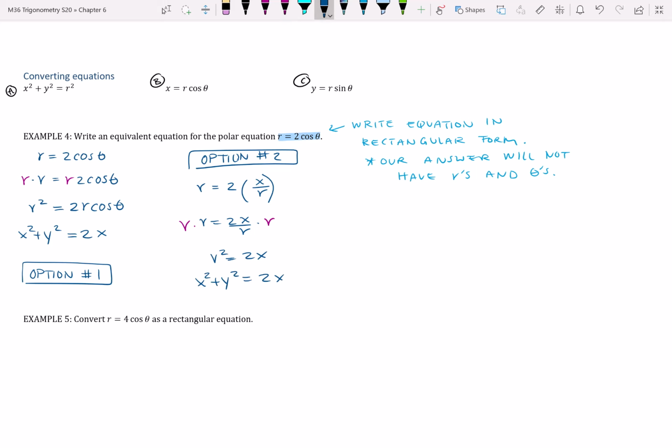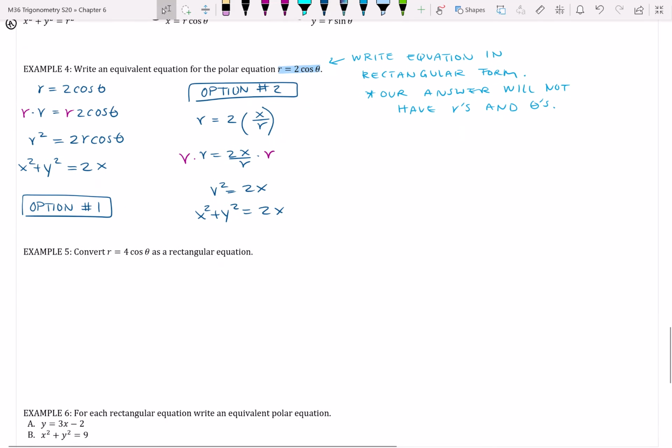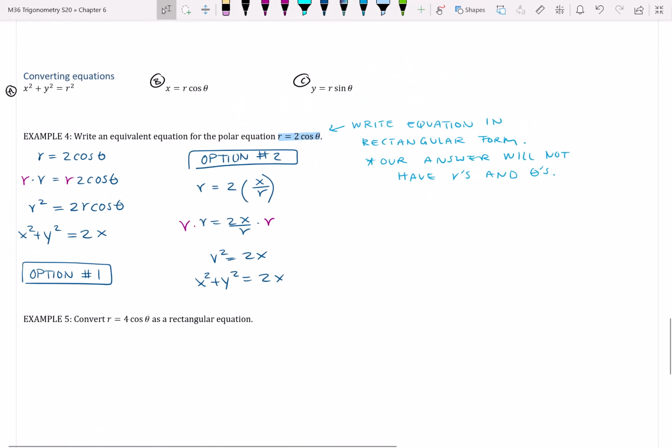So let's try the next example. The next one, again, is to convert it into a rectangular equation. It's actually very similar, so there's nothing really interesting about this one. We could do it either way.